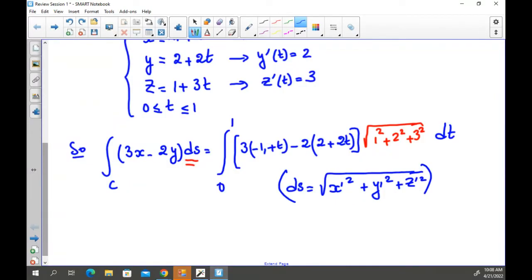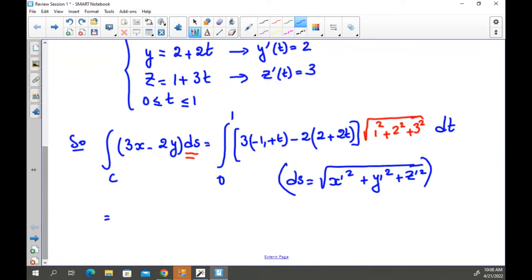Okay, after that, it's really simple to complete. So it's going to be the integral from 0 to 1. Let's open up these brackets.